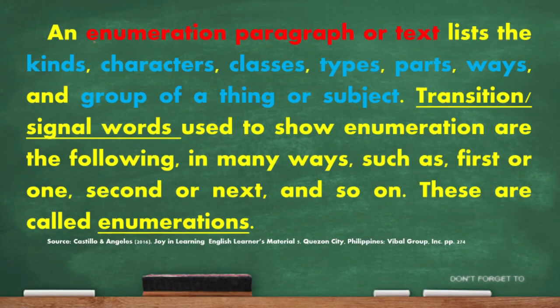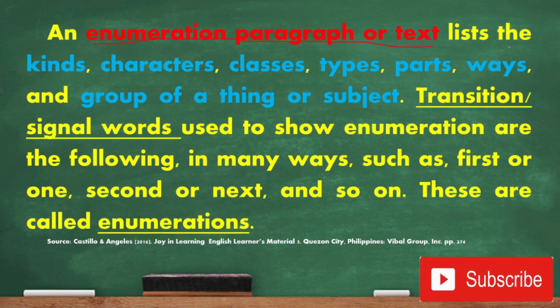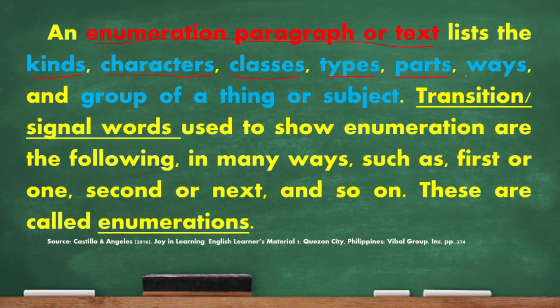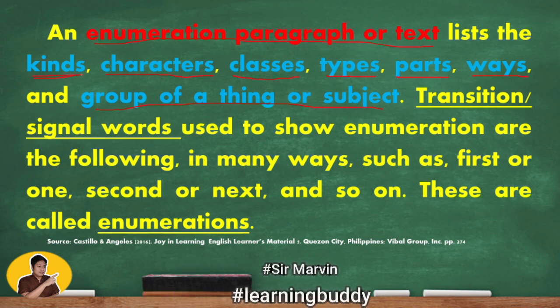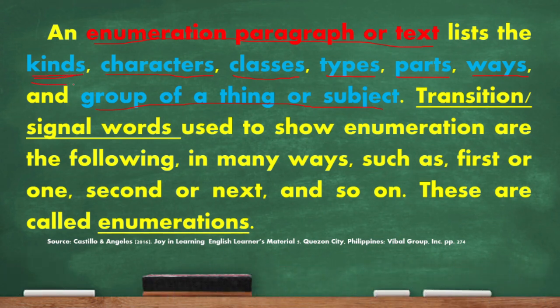An enumeration paragraph or text lists the kinds, remember kinds, characters, classes, types, parts, ways, and group of a thing or subject. And in our example, we have given the kinds of changes that occur in planet Earth.